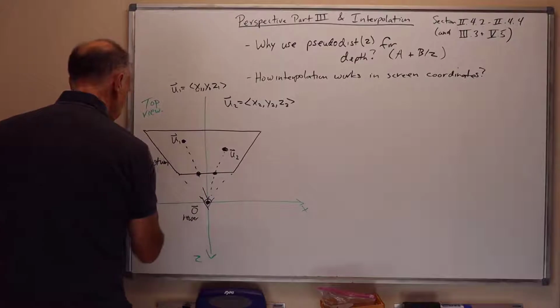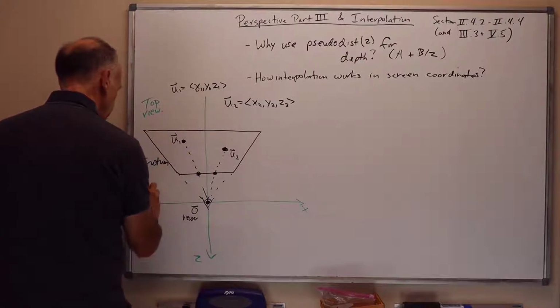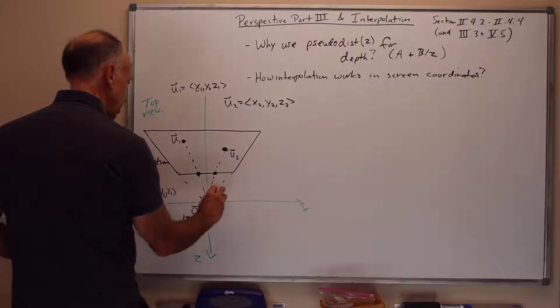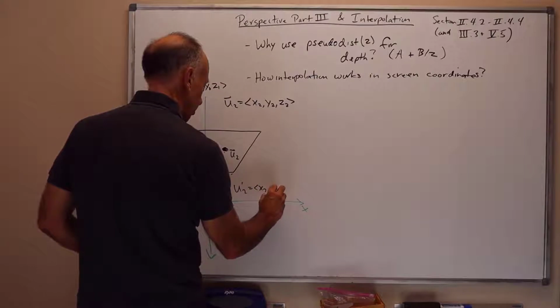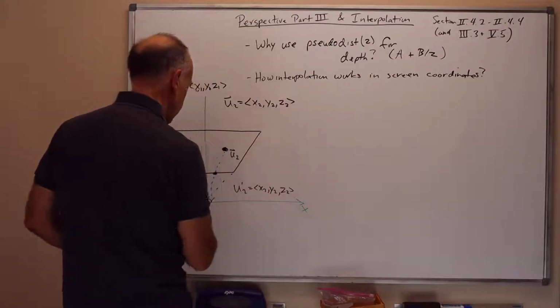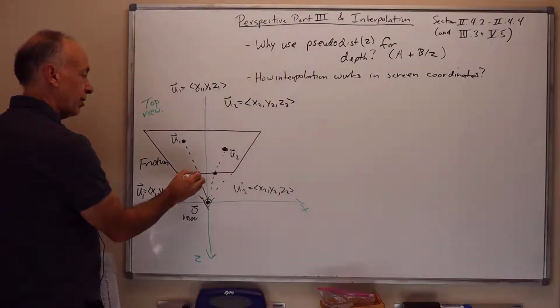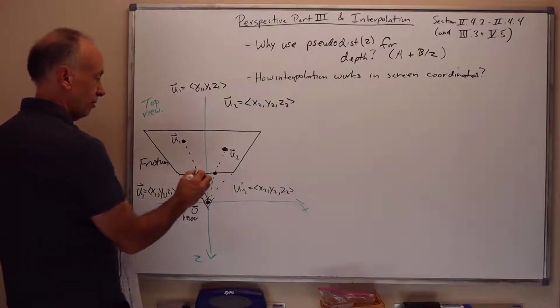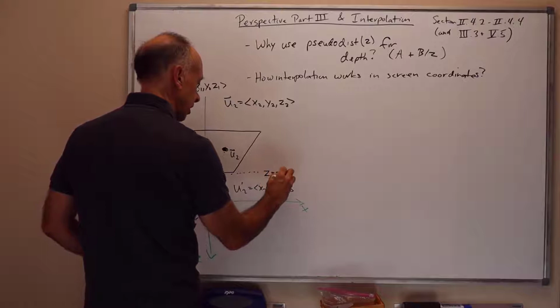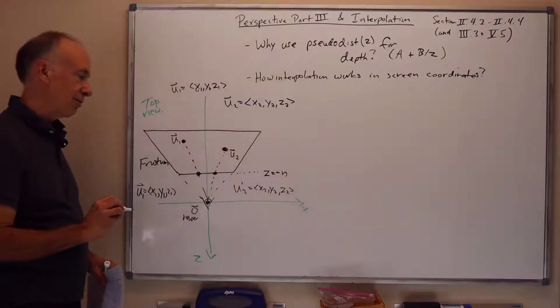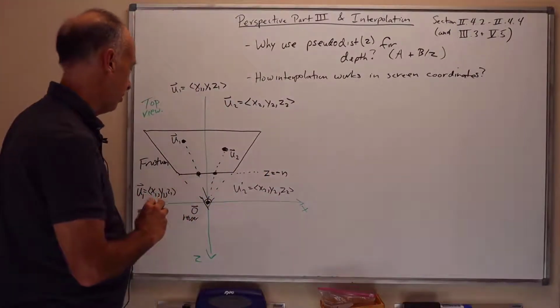So U1 prime was x1 prime, y1 prime, z1 prime, and U2 prime was x2 prime, y2 prime, z2 prime. And I've drawn it here in the picture with z1 and z2 equal to the front z value here. So let's suppose this is z equals minus n. We used z equals minus d in one of the earlier lectures, but now n for the near clipping plane.